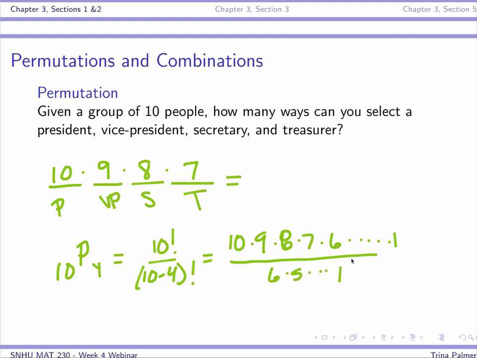Notice that the 6 down to 1 cancel, and I'm left with 10 times 9 times 8 times 7, which is the same as what I have right there. So again, I would go ahead and multiply that out. I did not, but that would be a permutation.